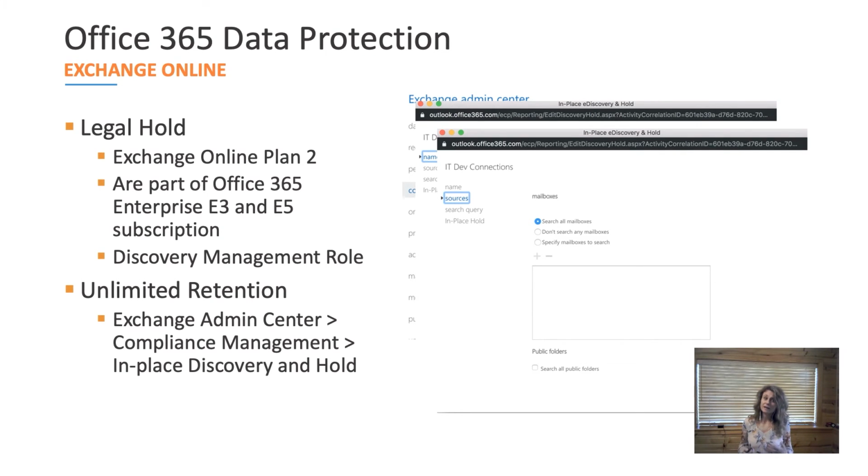And so you can do this type of legal hold for all mailboxes, or you may just do it for specific users. So let's say you have C-level users that you just want that extra layer of protection. Remember, I shared my own story of how I had a C-level that we couldn't get the mailbox data back for. So having an in-place legal hold may be a good option for you.